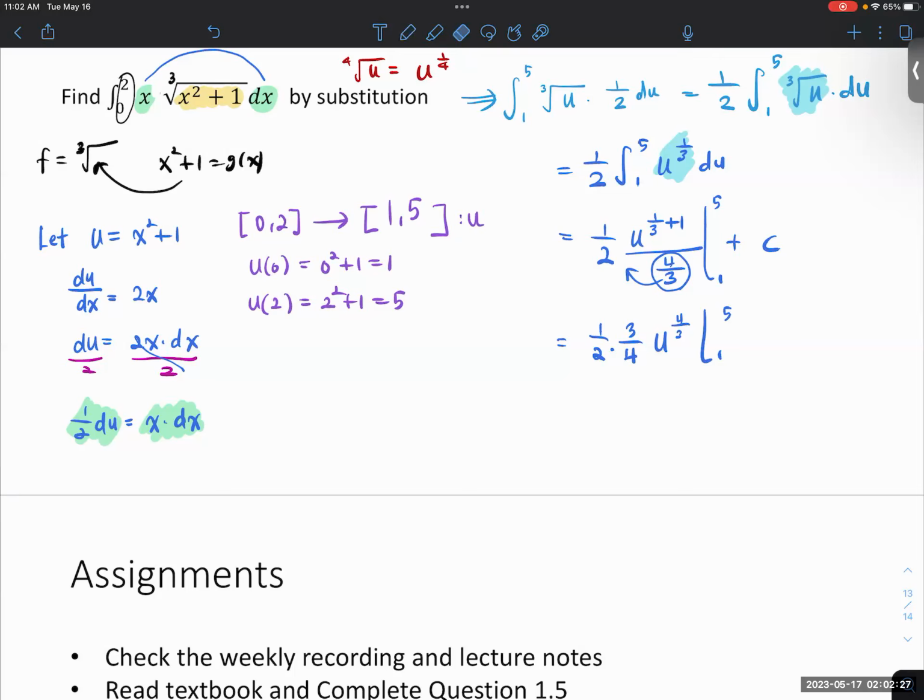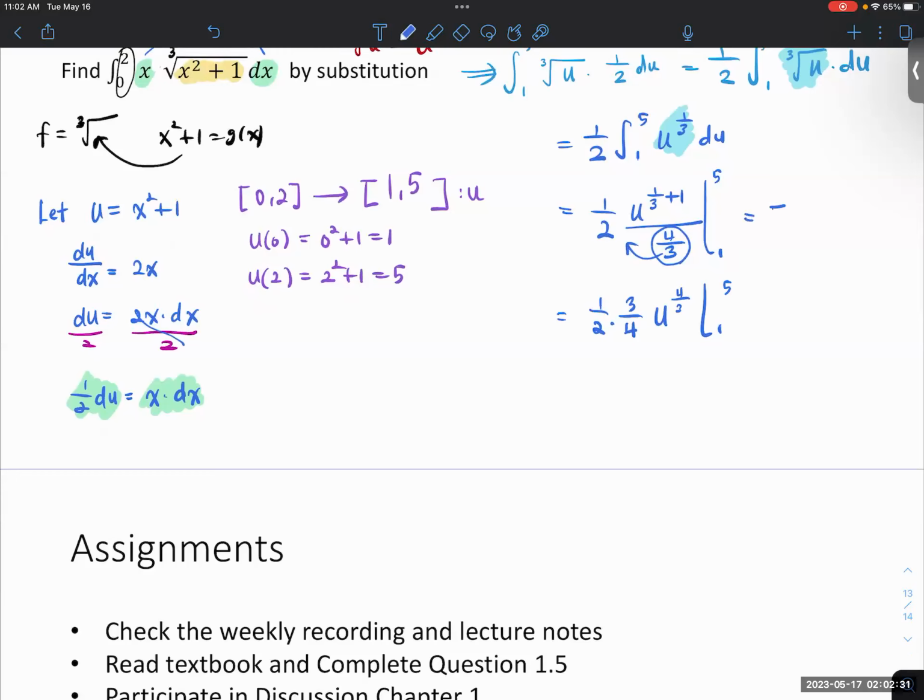There's no c because we're going to get a numerical answer. Just capital 5 minus capital 1. So anyway, we got 3 over 8, u to the 4 over 3, from 1 to 5. So now it means 3 over 8 times 5 to the 4 over 3 minus 3 over 8 times 1 to the 4 over 3. This calculation is a little bit complicated.